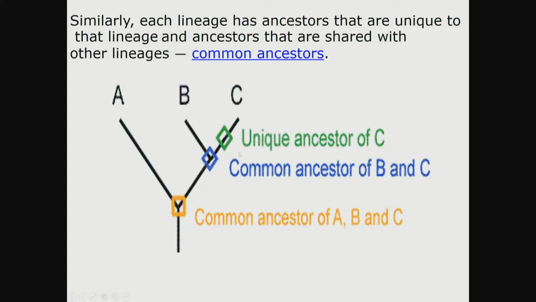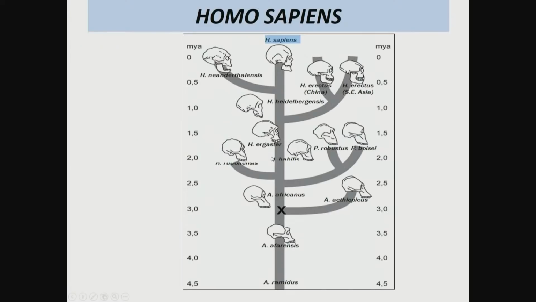So again, this is the common ancestor of A, B, and C. This one is the common ancestor of B and C, and they are more related to one another.